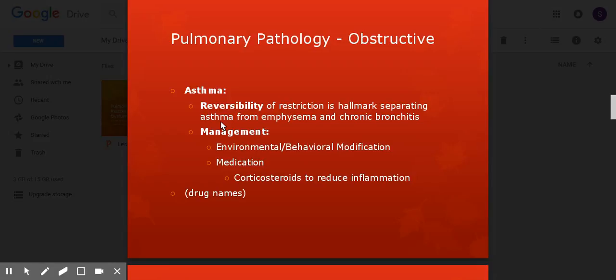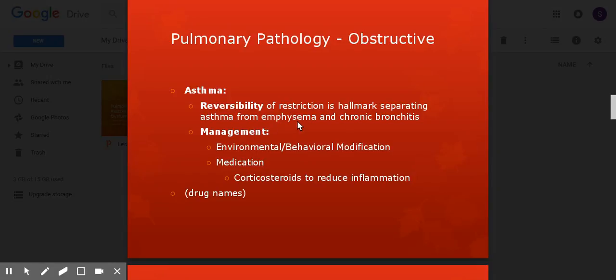We will see an improvement in the FEV1 of 12% or more, and an increase of 200 milliliters in a pulmonary function test in FEV1.